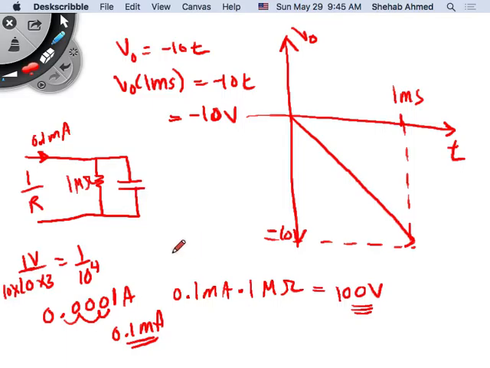This has nothing to do with the op-amp yet, right? This is just my transient response material from 214. If I put a DC current through an RC circuit, what's going to happen to the output voltage? We know that the voltage across the capacitor will look like this.